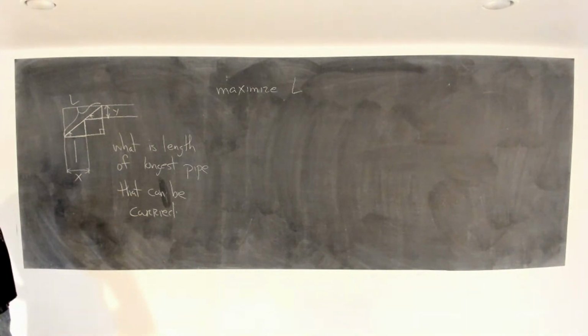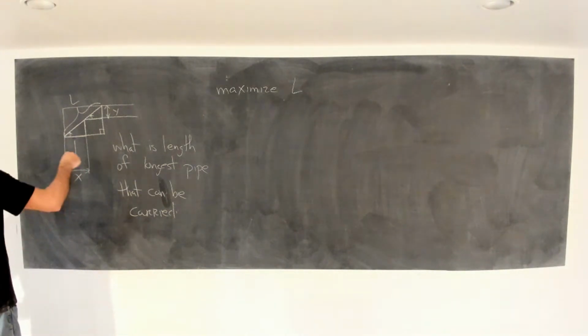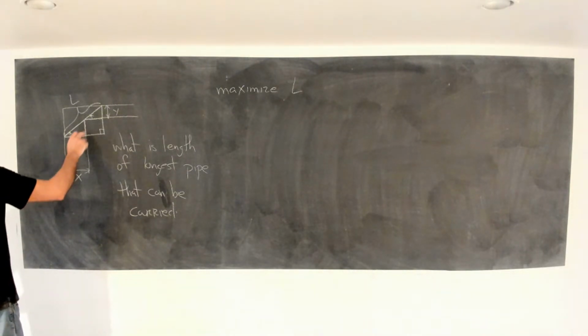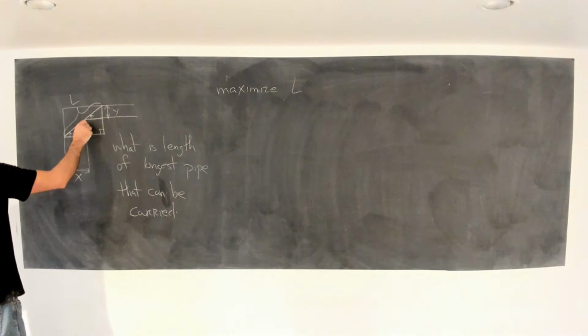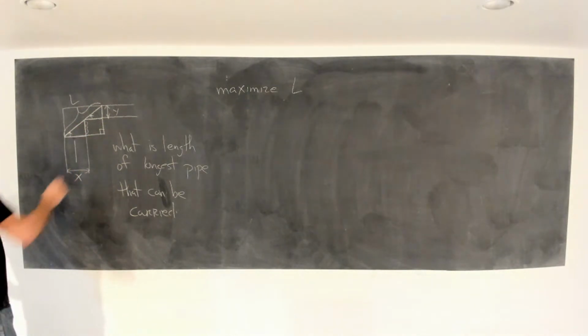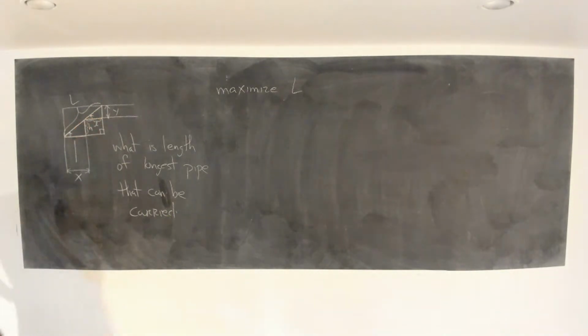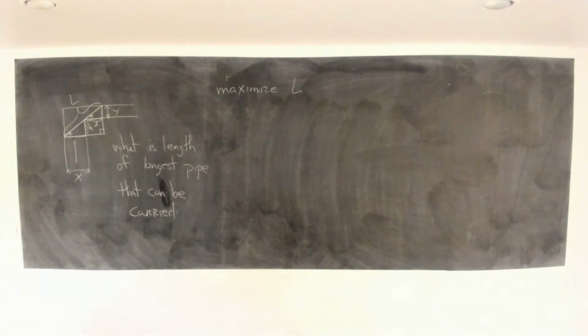So what do we want to do? Let's call this H, and let's call this L. We're just introducing some variables here.